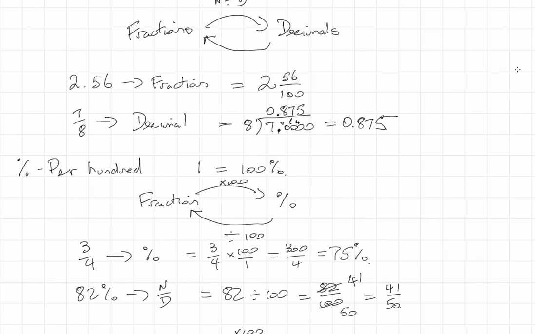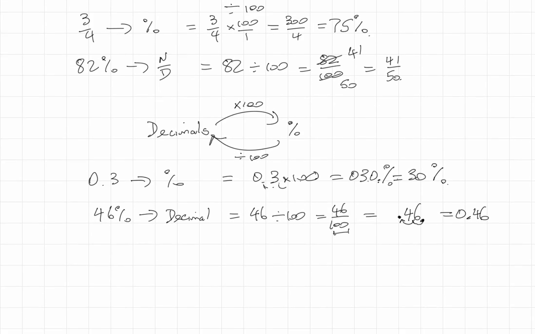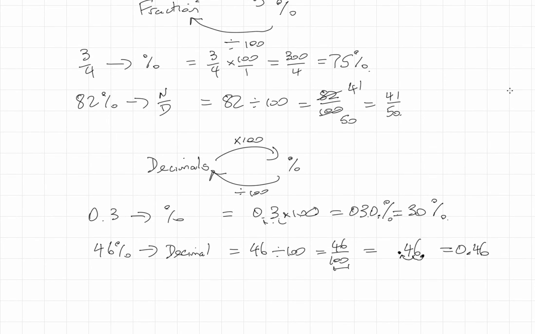And then conversions from one to the other. Percentage is per 100, and 1 is regarded as being 100%. So 2, for instance, would be 200%. 2.5 is 250%, and so on. And then we need to be able to do the conversions as well.